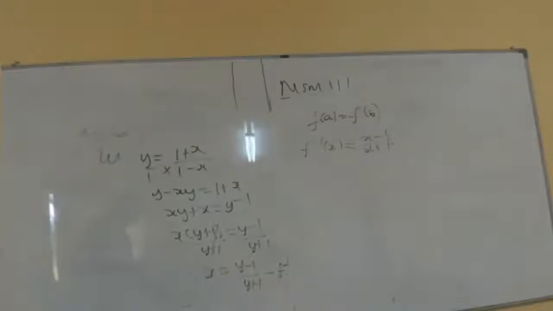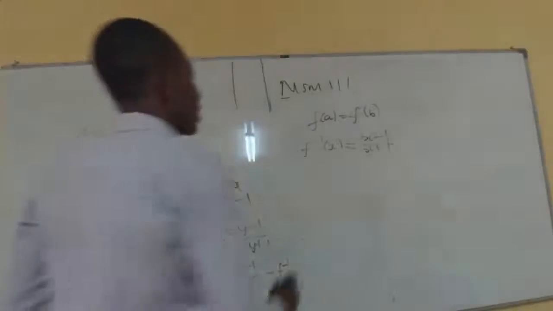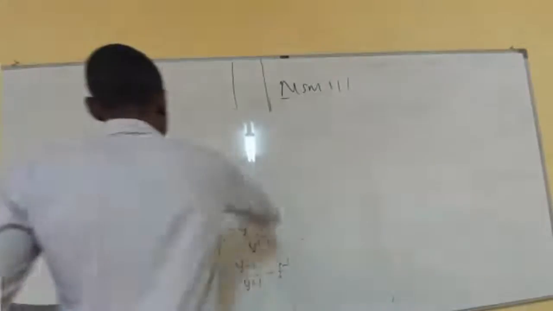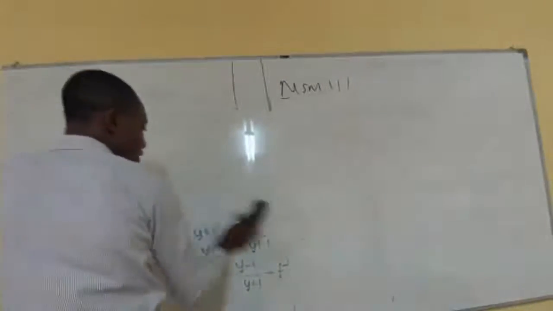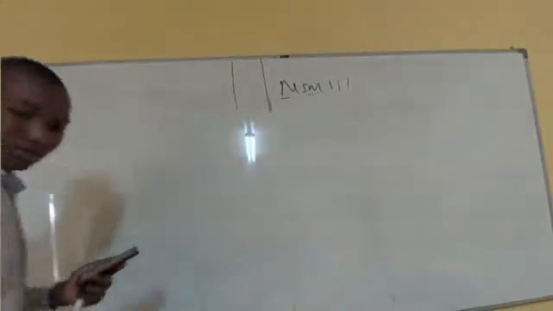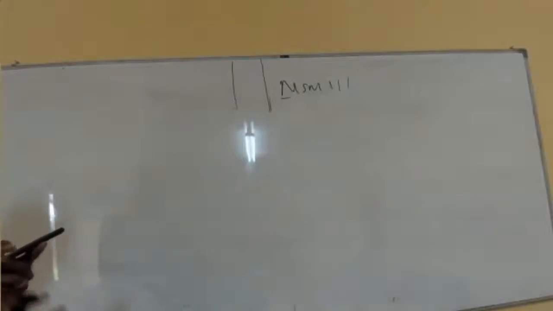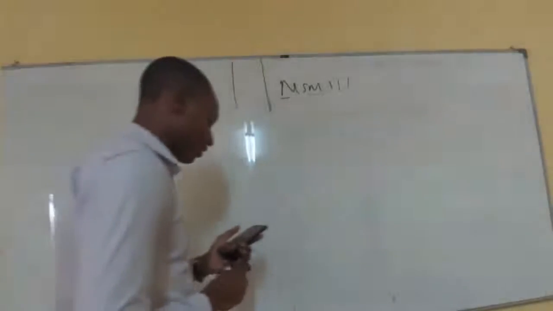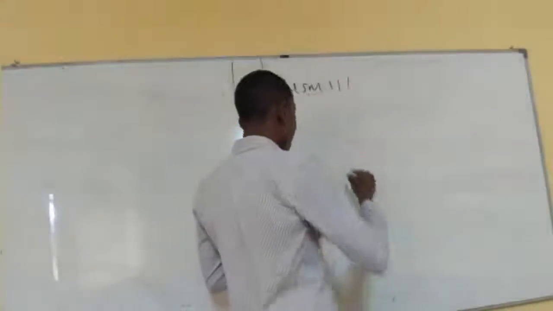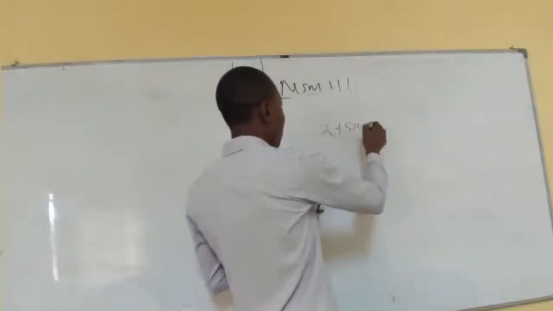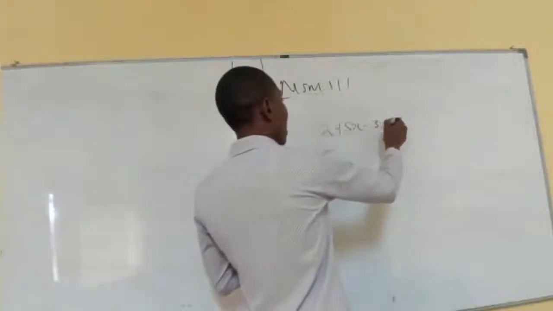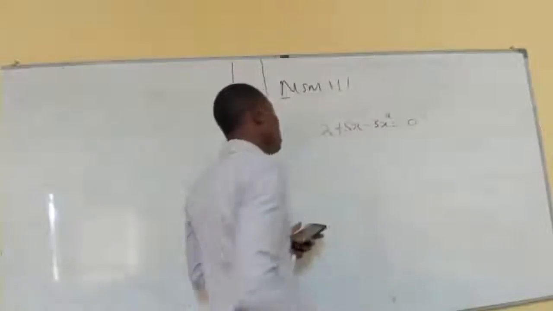Now on question 3. Let alpha and beta be the roots of the equation 2 plus 5x minus 3x squared is equal to 0.